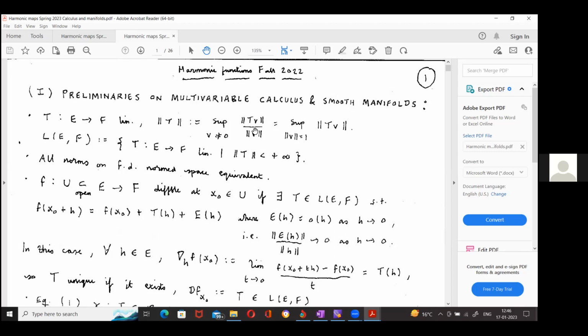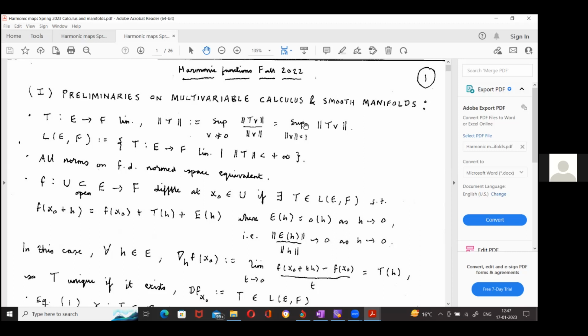And because both the numerator and the denominator are homogeneous in v, if I multiply v by a scalar lambda, then this norm gets multiplied by mod lambda. So I can always rescale a non-zero vector v to make it of norm 1 without changing this ratio.